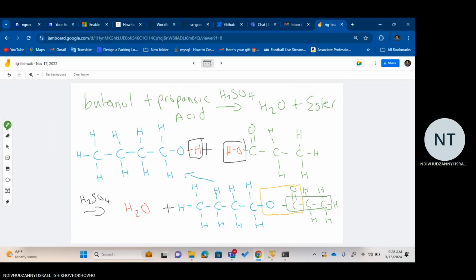Then our side chain, we would name it as it's 4 carbons, so it's going to be butyl. And for the other part, it's 3 carbons, so it's propan. And the suffix of our group is oid.